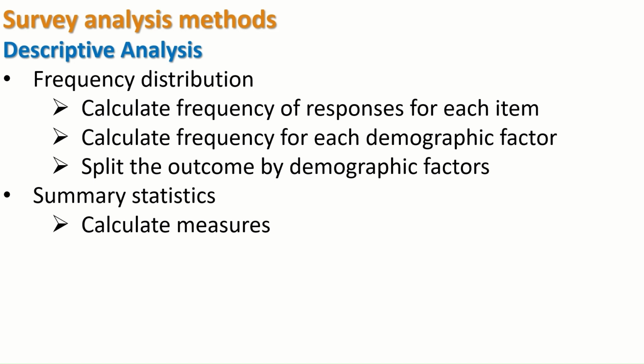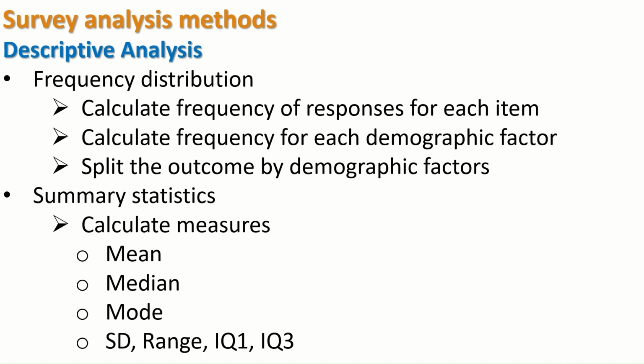The next step is to generate a summary of statistics by calculating the measures. Then a mean can be calculated, the median, the mode, the standard deviation, the range, the interquartile, first quartile, the third quartile, and so on.